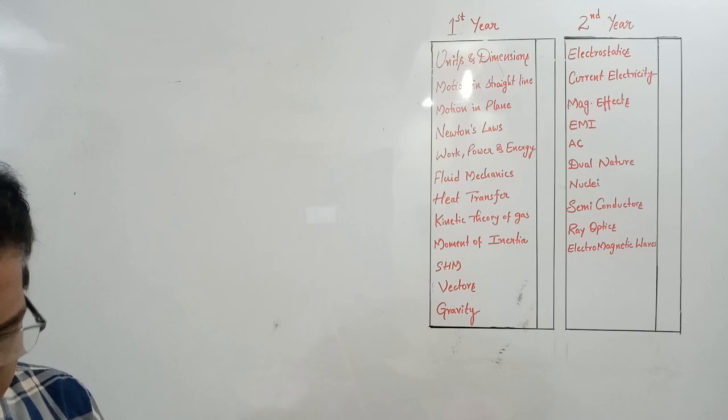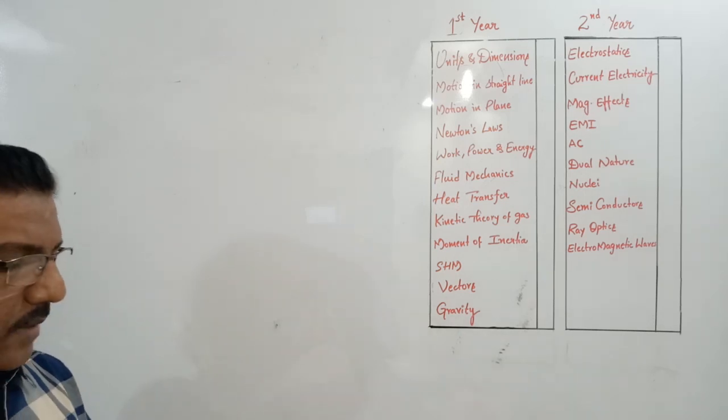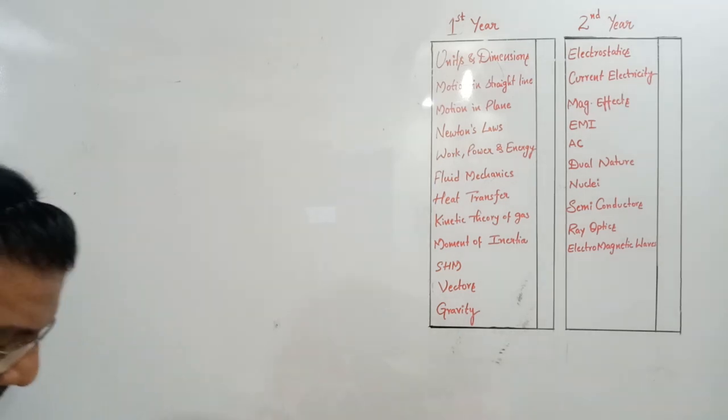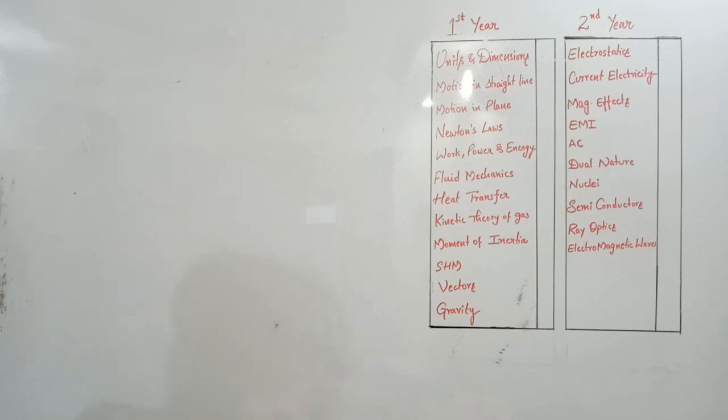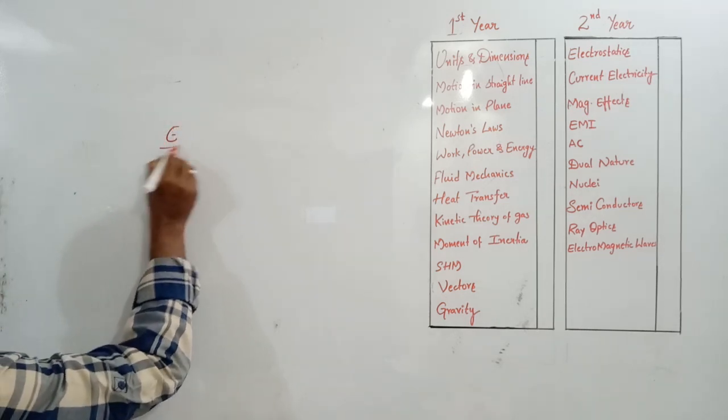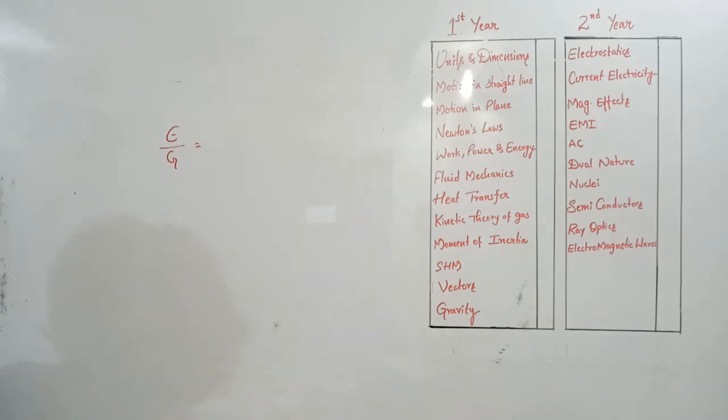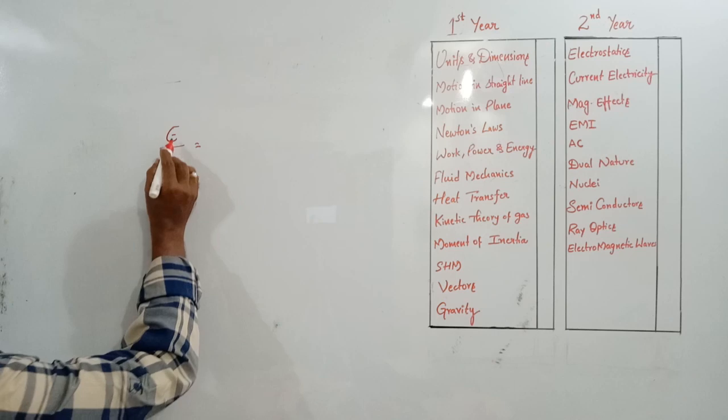Concerning units and dimensions, we came across two questions. The first one is: what is the dimension of E by Z? You can go through dimensional analysis or directly use the formula.